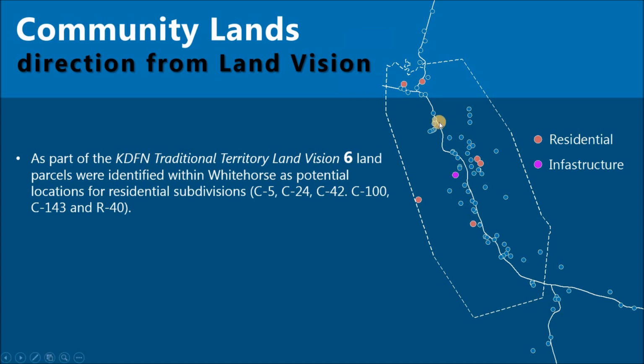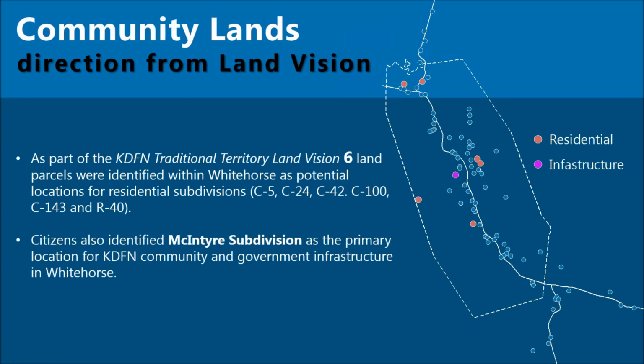And you can see here on this map that those parcels are C5, so up on the North Klondike Highway, C100, and then C42, C143 across the river along the Long Lake Road, and C24 down around McLean Lake area, and then R40, which is a rural block that comes in from Fish Lake, was also identified by citizens as a potential location for residential development.